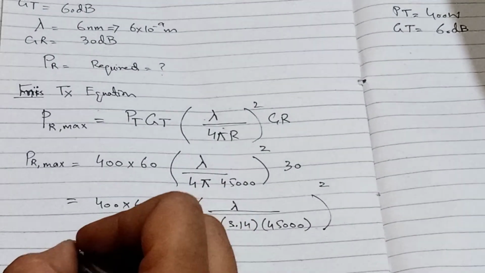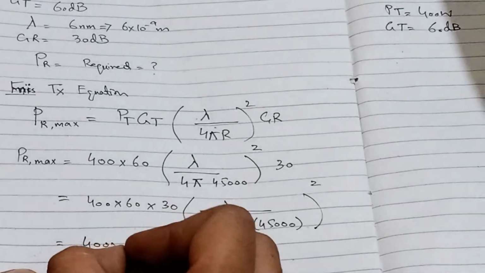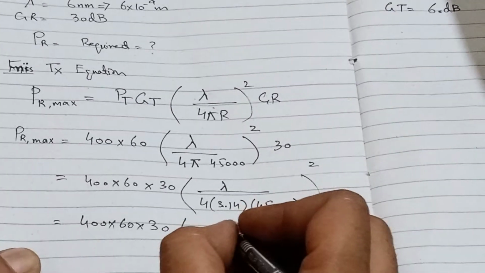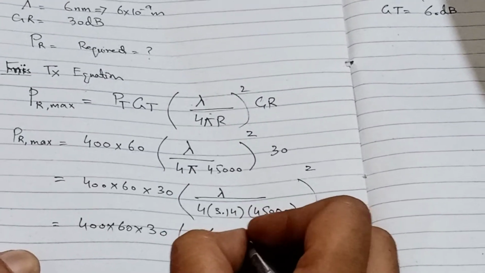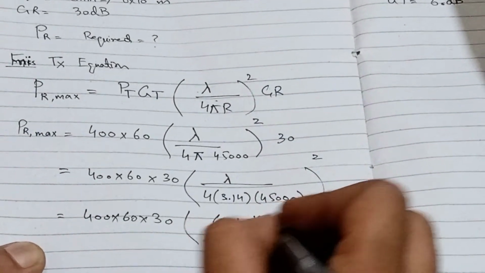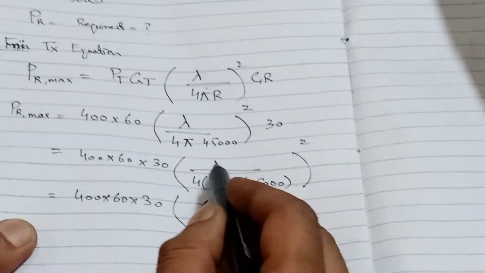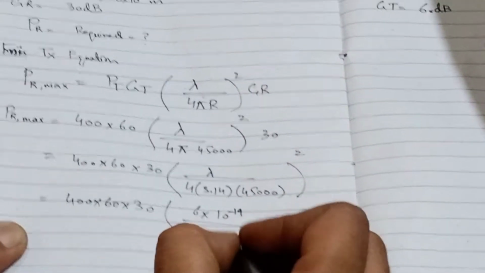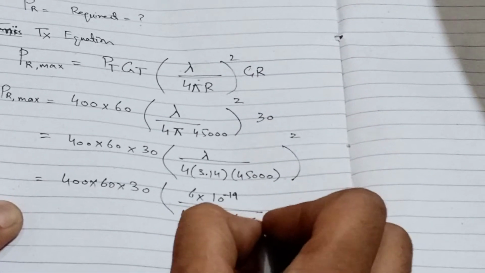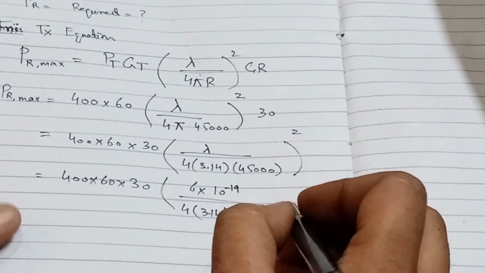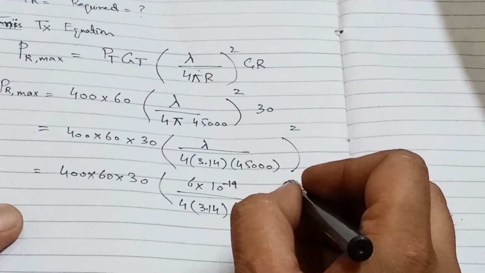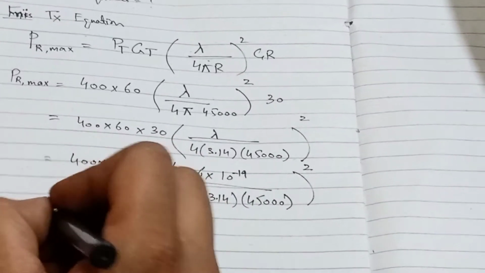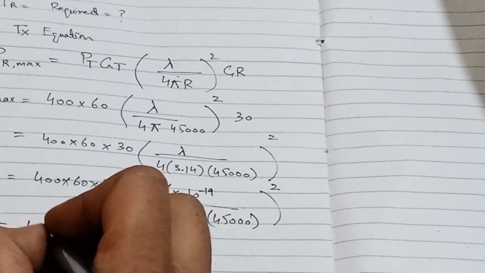So substitute the value here: 400 multiplied by 60 multiplied by this, which is 6 multiplied by 10 raised to the power minus 9, I'm just substituting the value of lambda here, divided by 4 into 3.14 into 45000, and the square here.